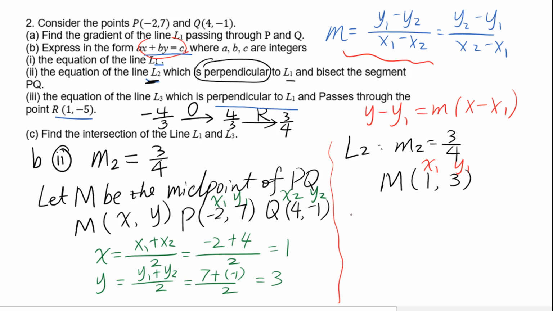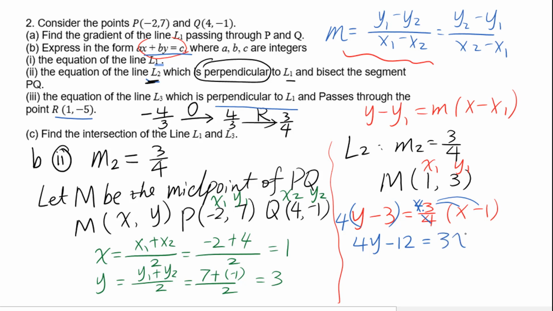You will get y minus 3 equals 3/4 (x minus 1). Then we multiply by 4 first, so that we get rid of the denominator. You will get 4y minus 12 equals, by the distributive property, 3x minus 3.